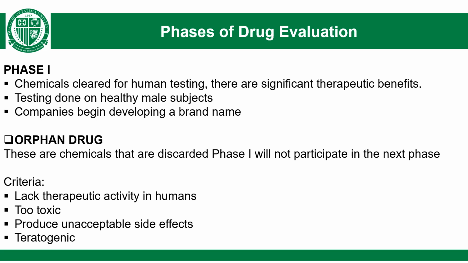So for the orphan drug, they could be discarded in the phase 1 and could be discontinued for the next phases. Again, they could lack therapeutic activities on humans, could be useful in animals but not humans. They could be too toxic, could produce unacceptable side effects, and they are highly poisonous.